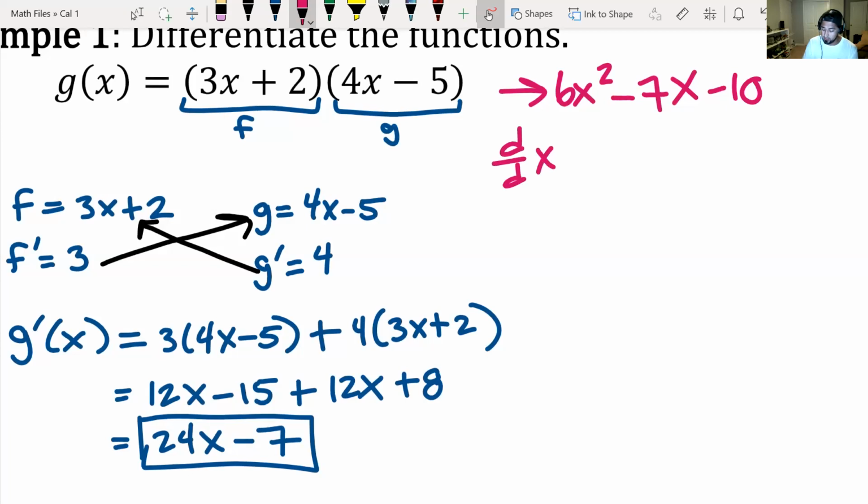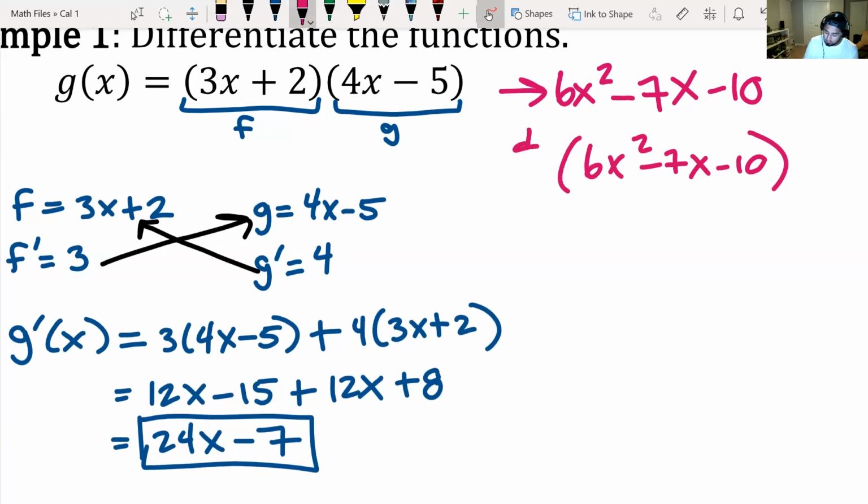So if I said d over dx of 12x squared minus 7x minus 10. Let me actually make that d over dx. And if I said, not 6x, ugh, it's the end of the night. It's my last recording, fourth one in a row. That's tiring. This should be 12x squared. There we go.